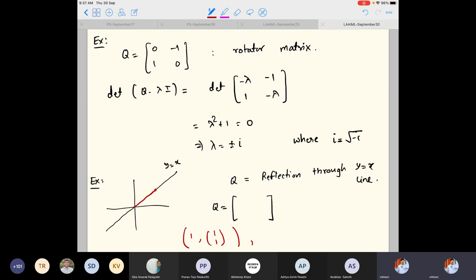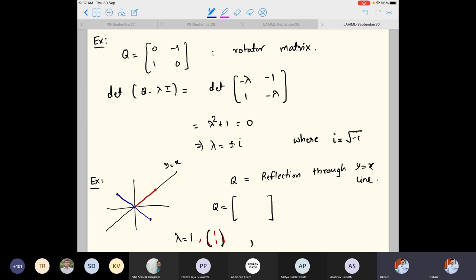What is another eigenvalue-eigenvector pair? Sir, -1. When it's 90 degrees to the line y equals x. Correct. What happens if you have the vector (-1, 1)? It goes to (1, -1).